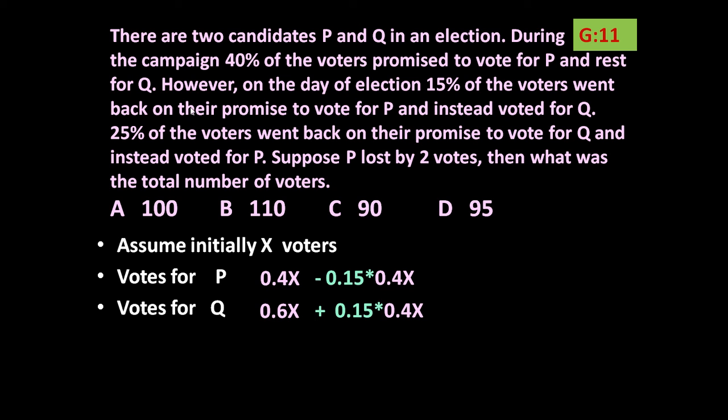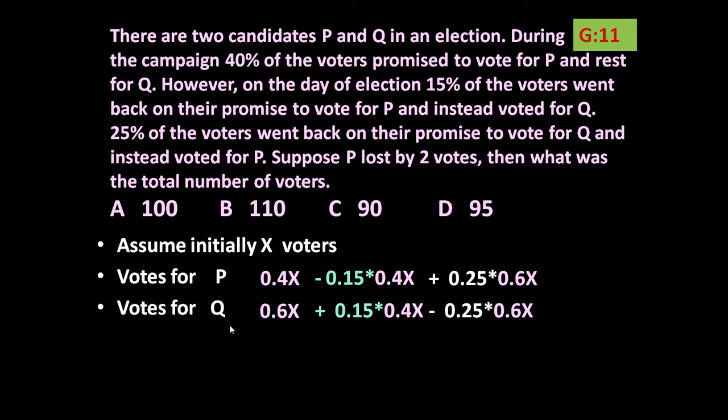Now let us see. 25% of voters went back on their promise to vote for Q and instead voted for P. So of those who promised for Q, 25% of them did not vote for Q. Instead, they voted for P. So 25% of 0.6 is 0.25 into 0.6.